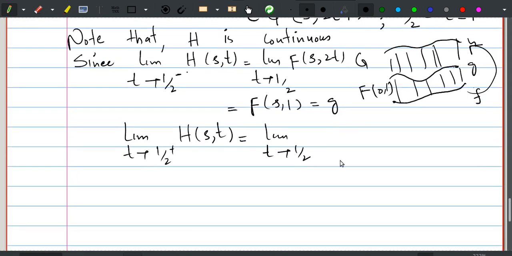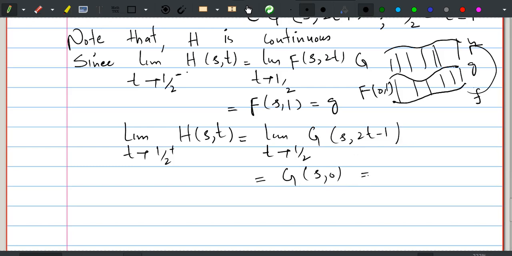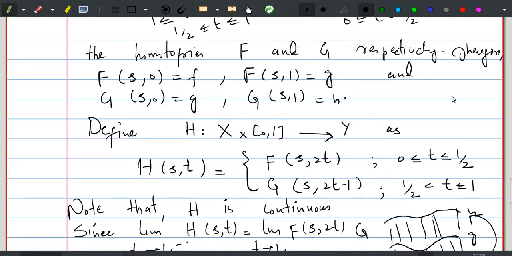So this is G of (s, 2t minus 1), so this is G of (s,0), and that is again this little g. So H is continuous at 1/2 as well, hence H is continuous.